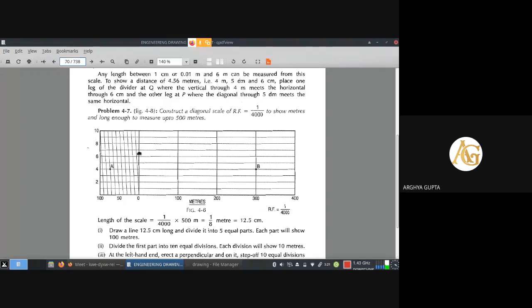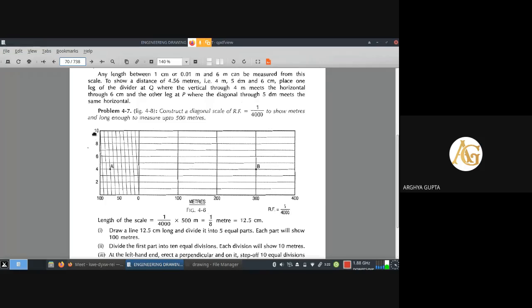So now we have to join diagonally. 0 will have to be joined with 10, then 10 will have to be joined with 20, like that. Here 90 will have to be joined with 100. And that vertical line will have to be divided again into 10 equal parts by drawing an inclined line.